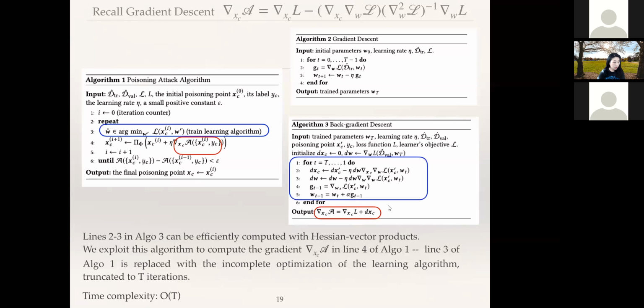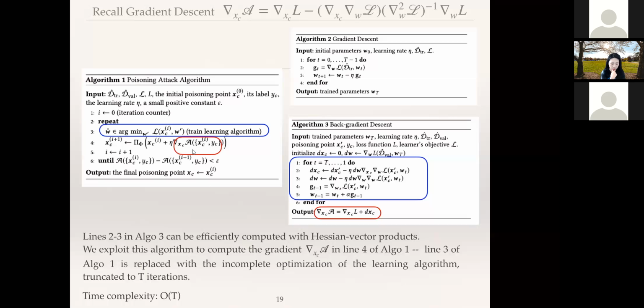Basically, we leverage the back gradient descent to compute this derivative in algorithm 3 by reversing a standard gradient descent procedure. Of course, this needs a fixed step size; if you don't have a fixed step size, then you probably cannot reverse engineer it. This is for truncated training of the learning algorithm to T iterations.